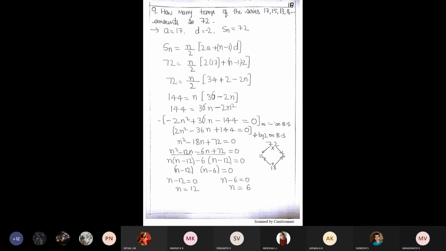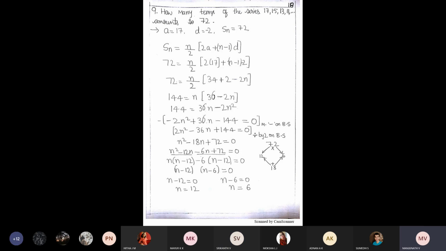We are doing that step because we need the a value as 1, to make the n square coefficient 1. So n square minus 18n plus 72 is equal to 0.